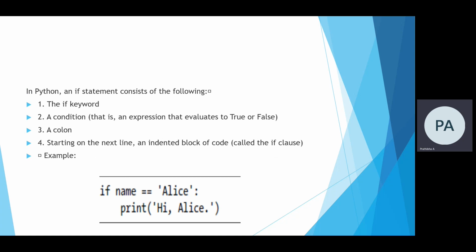In Python, an if statement consists of the following: the if keyword, then a condition and a colon, and starting on the next line, an indented block of code. An example: if name is equal to Alice, if it is true, it executes print Alice. Otherwise, it is going to skip the condition.